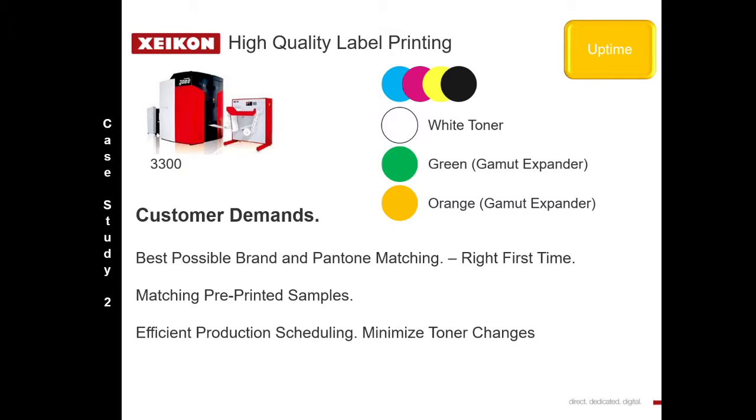Also, he had a business where often the pre-printed samples, where the colour in the sample didn't represent what was in a Pantone book but needed to be reproduced, was a core part of his business.